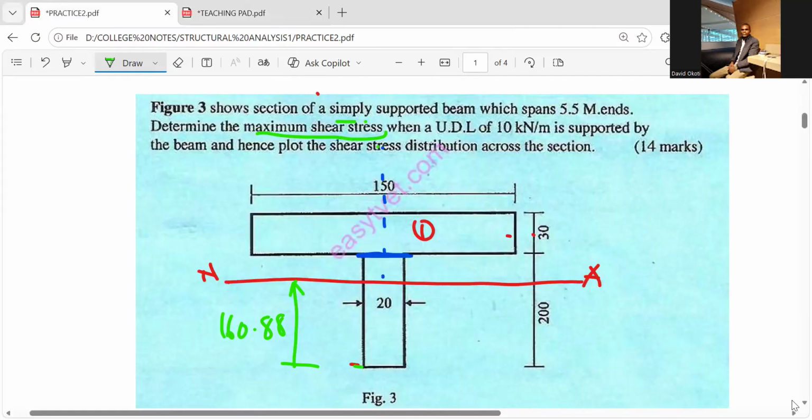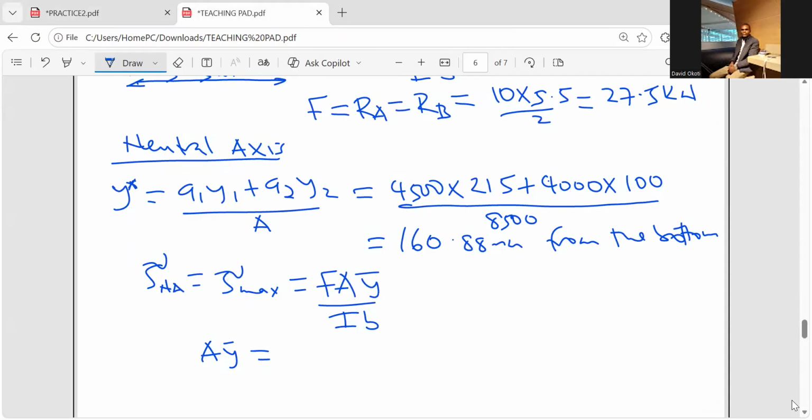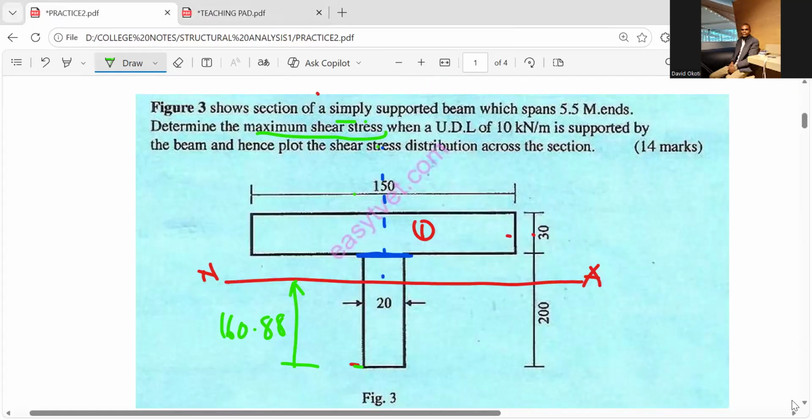For flange, the area is 150 times 30, which is 4500, times the y bar of flange from the neutral axis. I'm taking the measurement from the neutral axis to the center of the flange. I know that the total web is 200, so I take 200 minus 160.88.